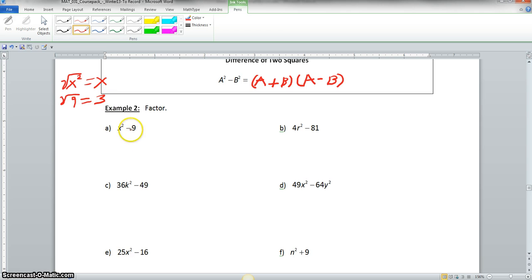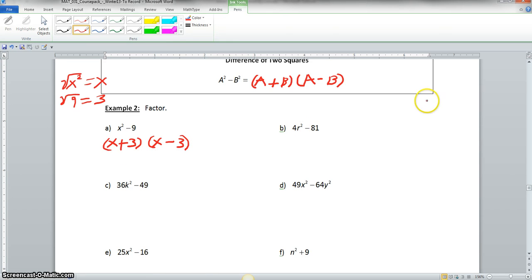So those two are perfect squares, and they're subtracted from each other. So we do our two parentheses, and we'll write a plus in one, a minus in the other, and we'll take their square root. So we'll have x in both parentheses, and we will have 3 in both parentheses, and we're done.